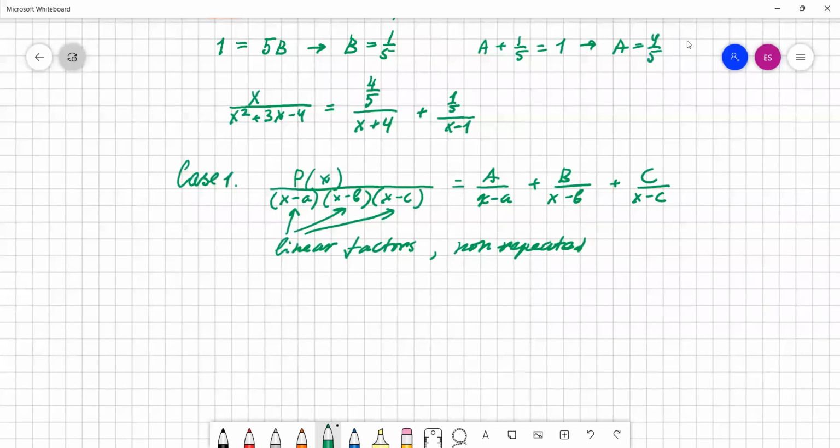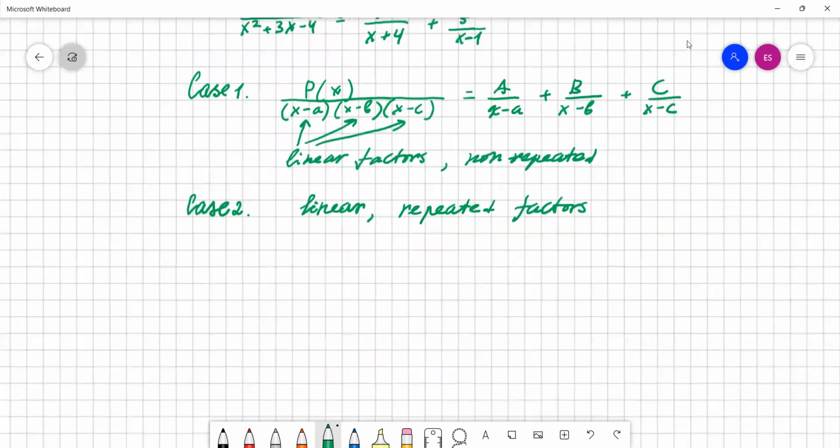Now, case 2. Case 2 is going to happen when you have some of the factors repeated, linear repeated factors. What I mean by repeated, let me consider an example. 2x plus 3 divided over x plus 1 squared times x minus 2.